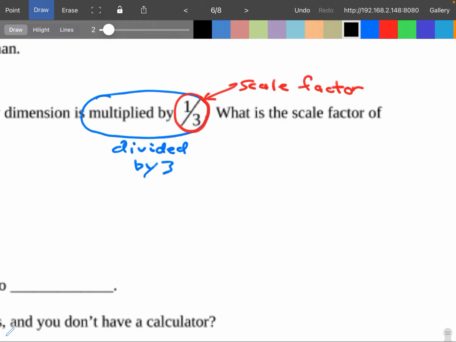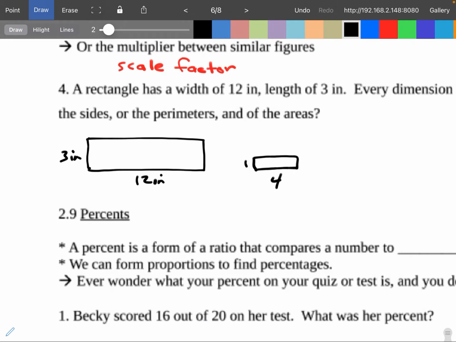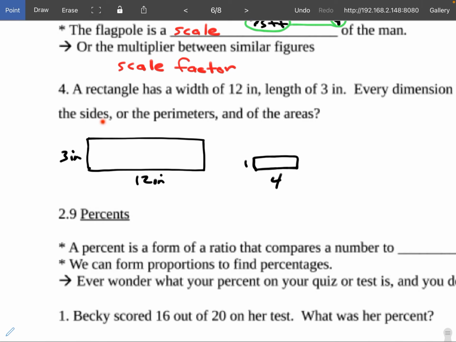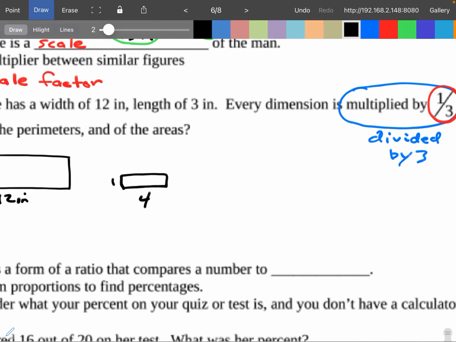Okay, so then what are the questions here we got to answer? It says, what is the scale factor? Well, I already told you what it is. What is it? 1/3. It's 1/3, right? But they want the scale factor of the sides and the perimeters and the areas. All right, so let's look at this.